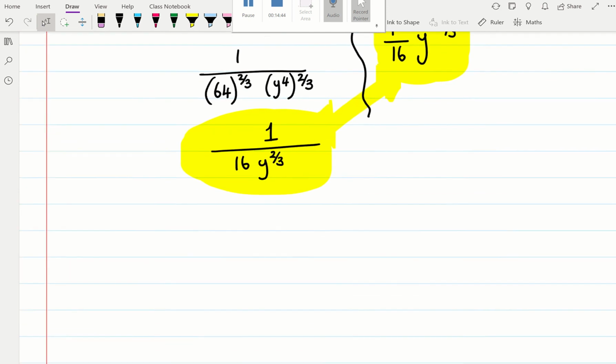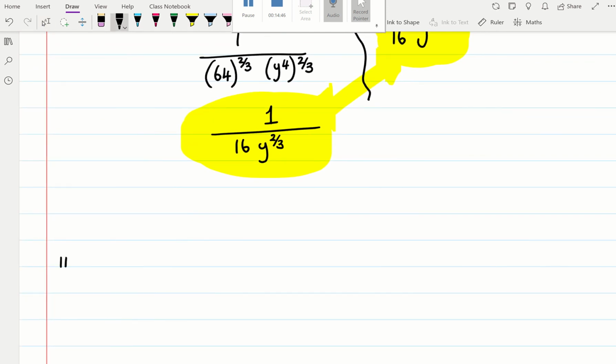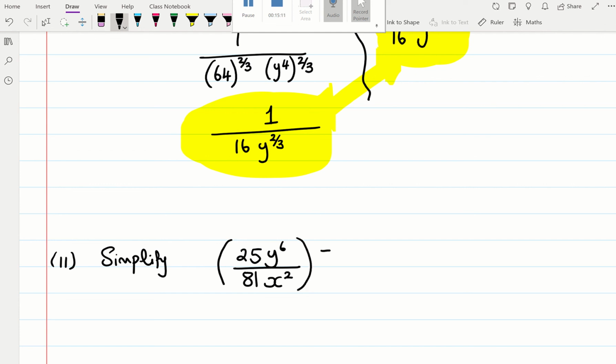I'm going to put actually one final example here as well. I'm going to use similar numbers, so we want to simplify. And I'm going to have a fraction, so I'm going to have 25 y to the power of 6 over 81 x squared, all to the power of negative a half.